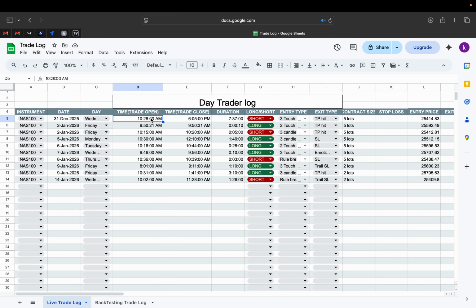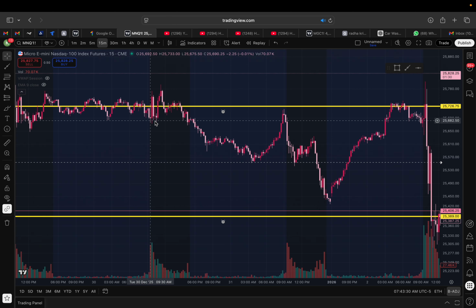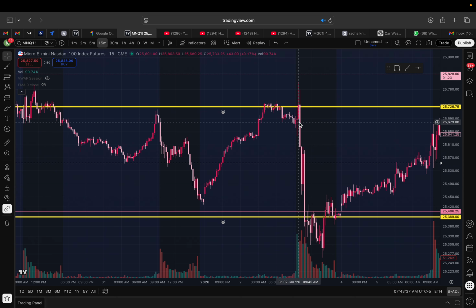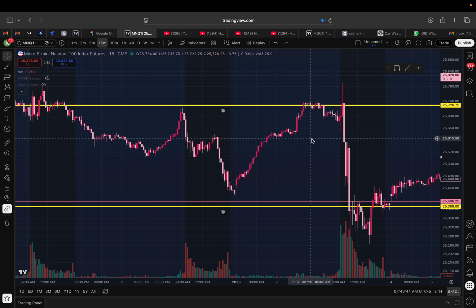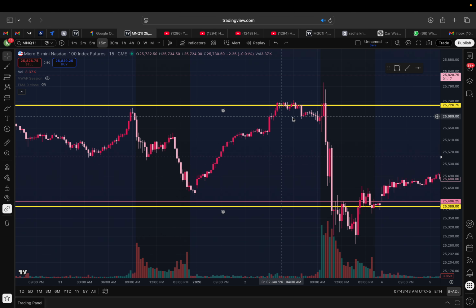Okay, so let's go to January 2, December, and this is, I think, 31st Jan 2. So the first trade I took was around, I think, 9:15. Let's go to here.